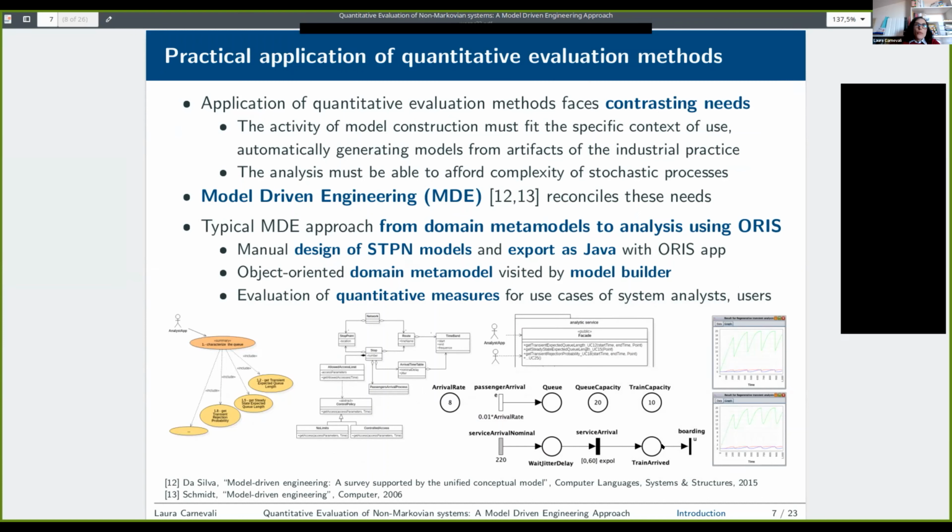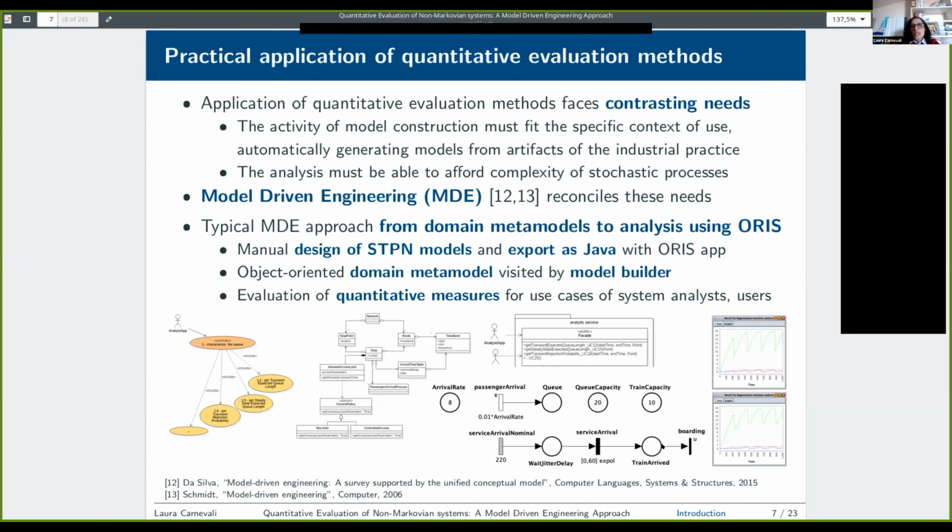So when we have to deploy this modeling and evaluation methods, the activity of model construction must not disrupt the practice of the specific context of use. So typically, we cannot specify models using stochastic time PetriNets, but we need to derive our stochastic models from higher level artifacts, typically artifacts of the unified modeling language.